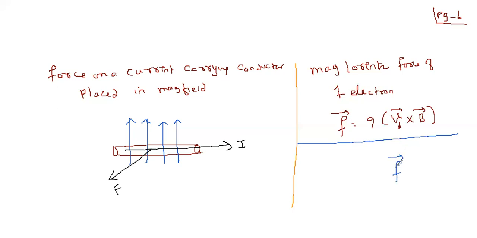For two electrons, 2F is the force. For three electrons, 3F is the force. So how many electrons are there in this wire? n electrons. So the Lorentz force of n electrons, nF is the force. Is the logic clear? So small f is the force of one electron. Then capital F is the force of n electrons. Is it clear?